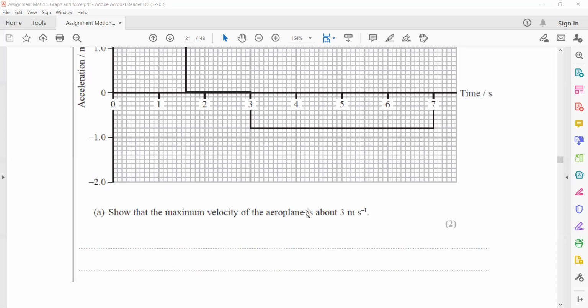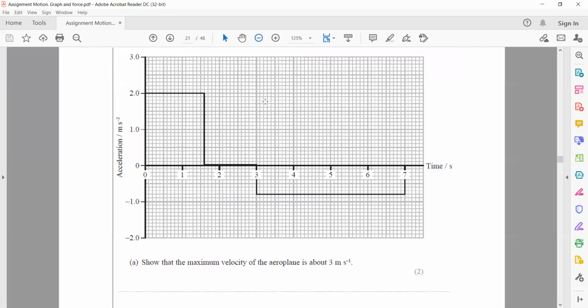So v = u + at. The initial velocity is 0. Acceleration is 2, because they're asking for the maximum velocity. So v = u + at, the initial velocity is 0, so a multiplied by t will give us v.